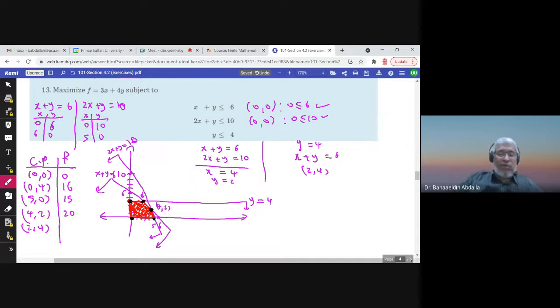And 3 times 2 is 6, and 4 times 4 is 16. So that's 22.